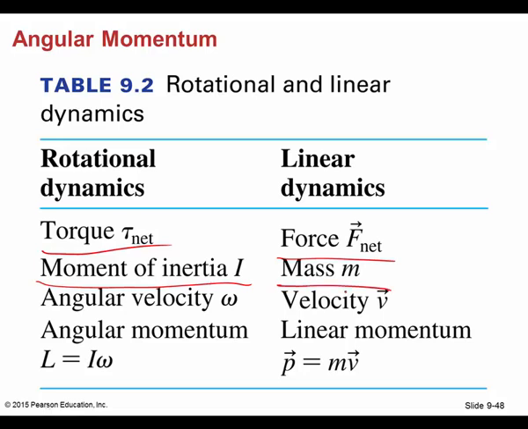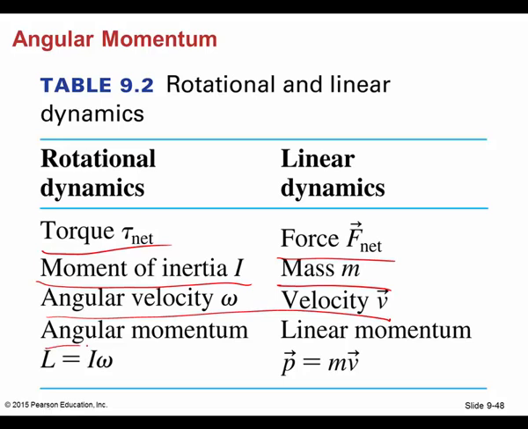In linear dynamics, if you apply a force to an object but then you double the mass, guess what happens? To move it at the same acceleration, you've got to double the force, don't you? Okay? Yeah. Okay? All right.